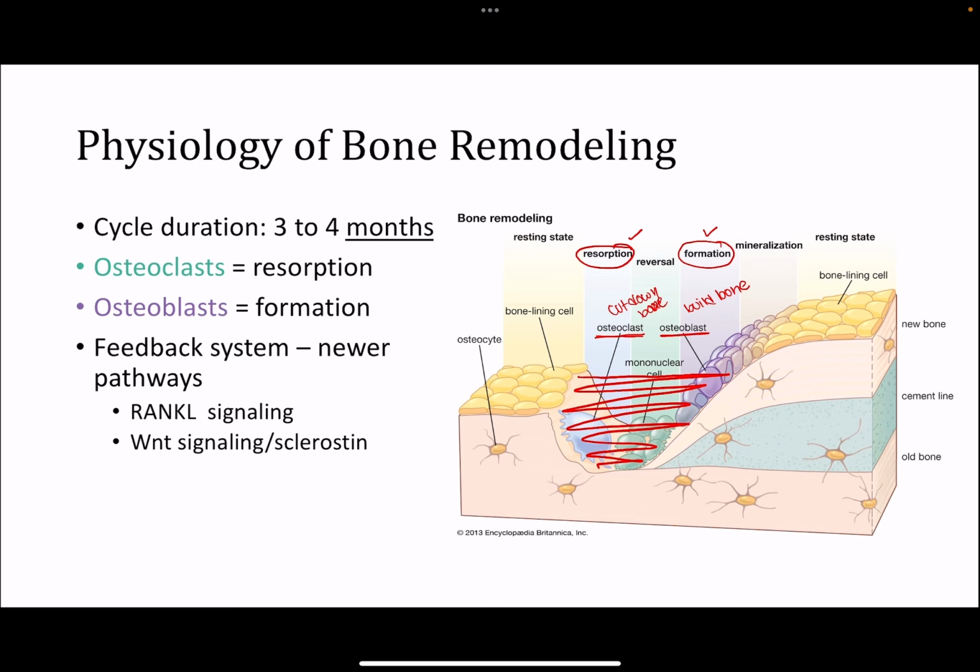But sometimes, for example young children that are still growing, you could see here that we have extra new bone because their osteoblasts have higher activity compared to the osteoclasts. And we do have 2 new feedback systems where we have new drugs for that, but I will go through that more towards the middle of the lecture.